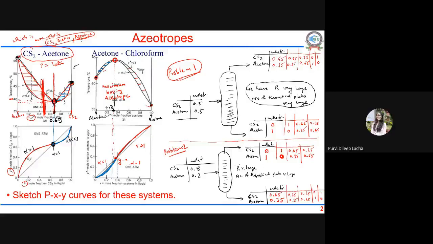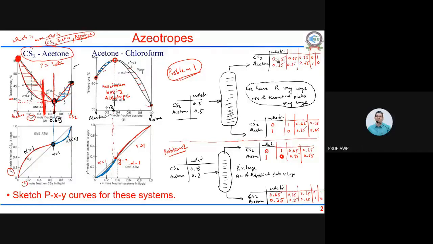Azeotrope is more volatile. What is less volatile? Acetone, on the left side of the azeotrope. This is acetone, isn't it? Do you agree? Yes, sir. Agree.